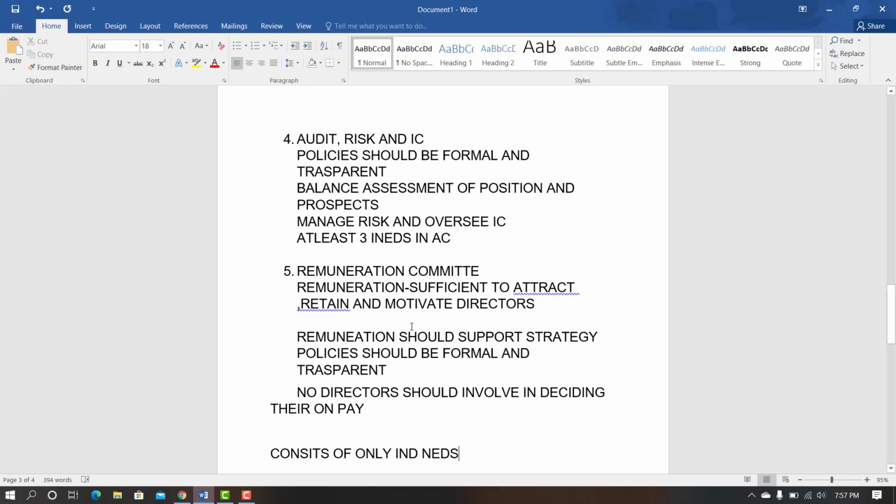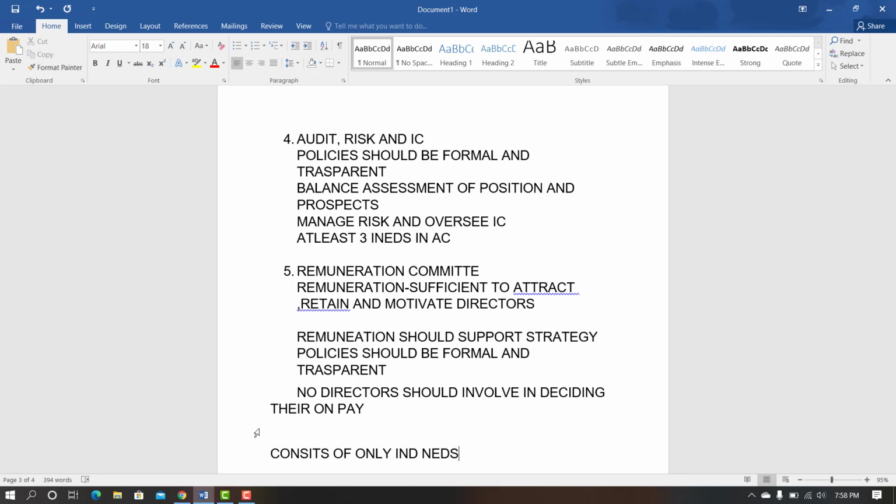So these are the things you should know under remuneration committee: that the remuneration committee only consists of independent entities and no director should be involved in deciding their own pay. Remuneration should support strategy. Policies should be formal and transparent. Remuneration should be sufficient to attract, retain and motivate directors.